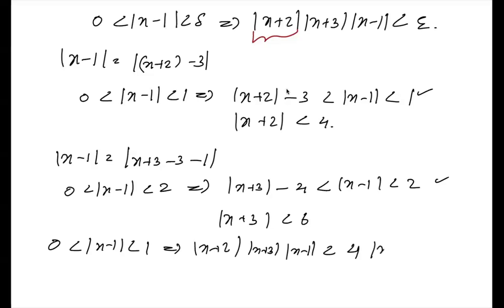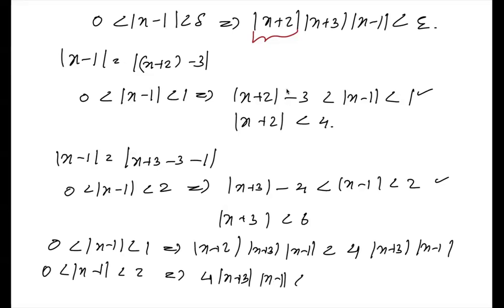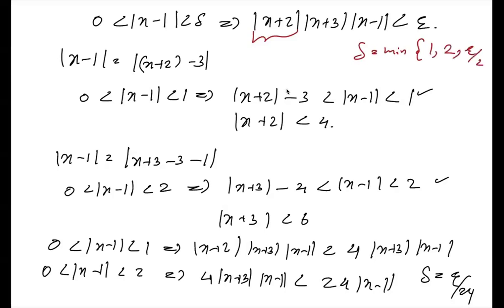And then with x minus 1 less than 2, this implies 4 times x plus 3 times x minus 1 is less than 24 times the absolute value of x minus 1. And then your final delta would be epsilon over 24. So when you're writing the answer, you can write simply delta equals the minimum of 1, 2, and epsilon over 24, and then you can write the answer.